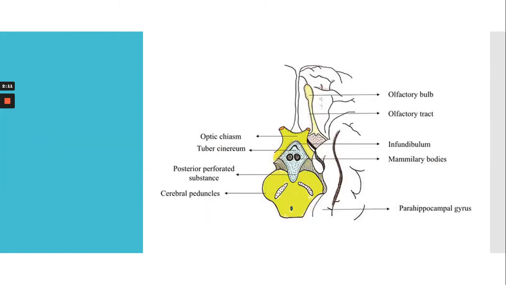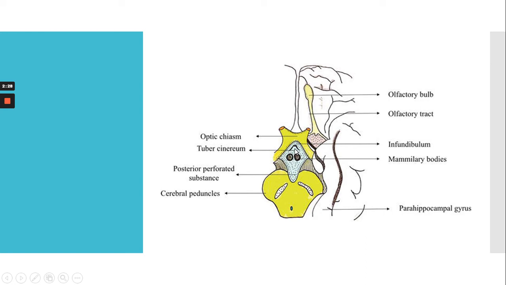So this is the inferior view of the hypothalamus. If you look at the brain from down, this is what you will see, and this is the optic chiasm and the tuberous cinerarium, like I mentioned, it's inferior to hypothalamus.